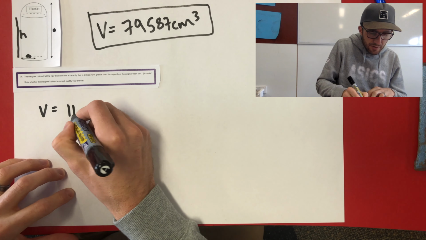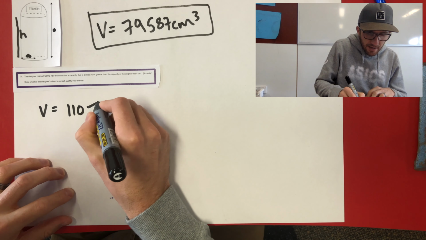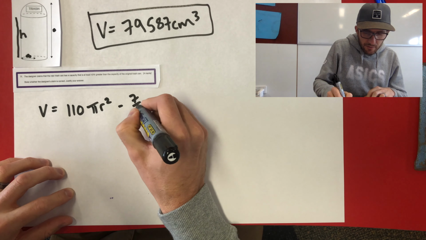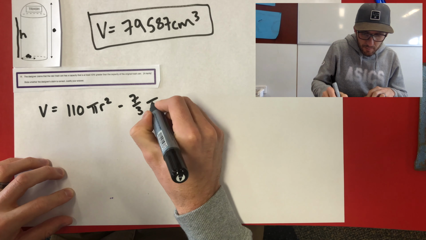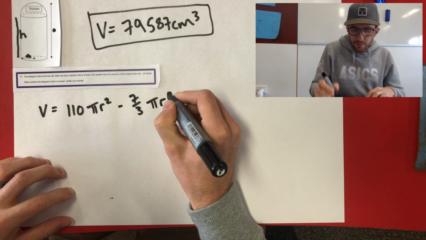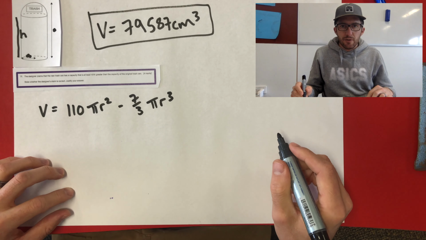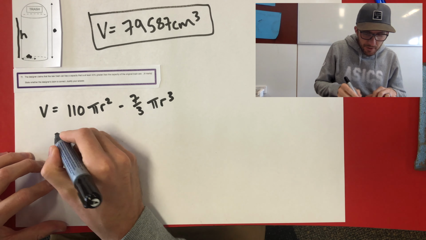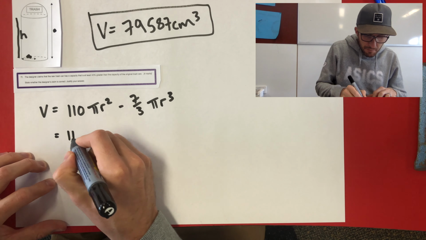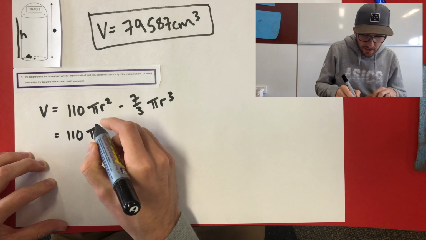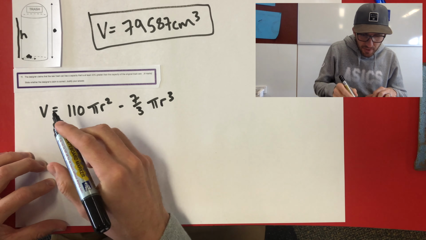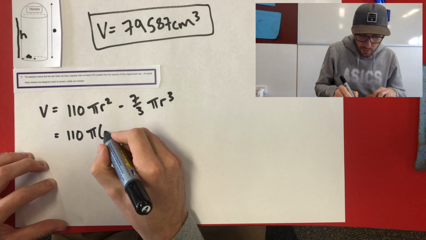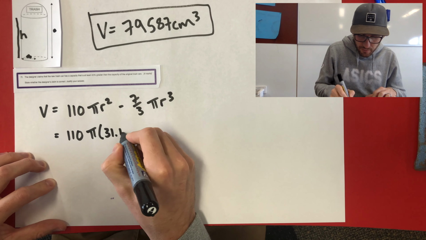So it would be 110 pi r squared minus 7/3 pi r cubed. That was the formula that we came up with for our new trash can, given the restrictions on it. And we're going to substitute in now the radius, which gives us the maximum volume of our new trash can, which from part D, we found on our graph, the maximum point, the radius was 31.4.